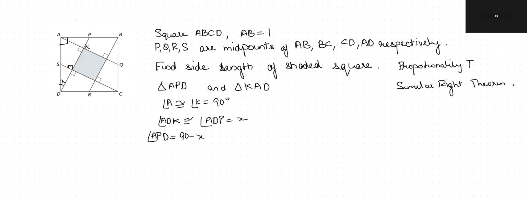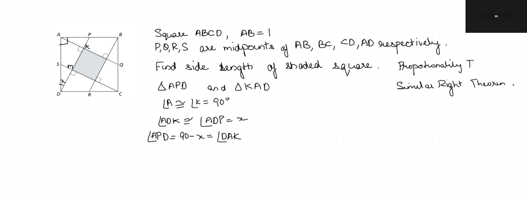Okay. And in triangle AKD, since K is 90 degrees, D is X, so angle DAK would be 90 minus X. Okay.